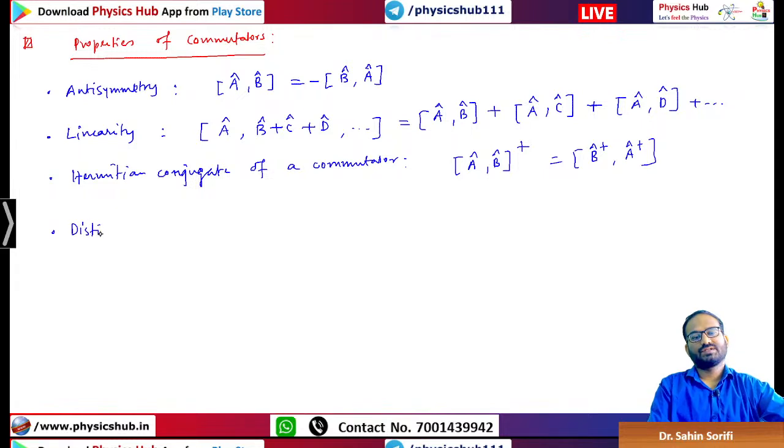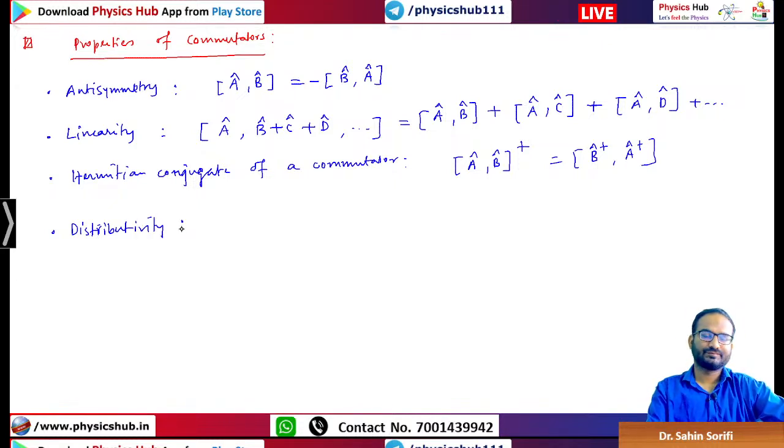Another property, distributivity. Too difficult a word. Now this distributivity property is quite widely used. The commutator of A with BC. What does this commutation give you? You should remember one thing.